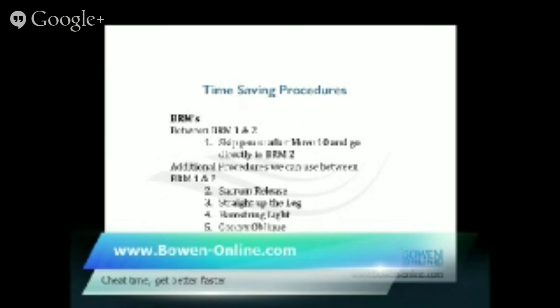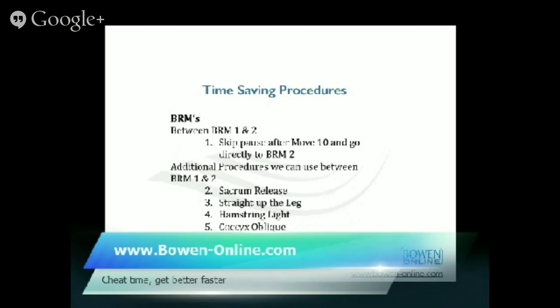If there's no low back problem that we're addressing, and we're only doing BRM1 as a general tonic, as a general nervous system, complete fascia treatment of the body to get the patient to really go into parasympathetic response, I'll skip after moves 10 and go directly to BRM2. So this saves 2 minutes, which, when you add up a few 2 minutes in a session, you can save a bit of time and get more done.